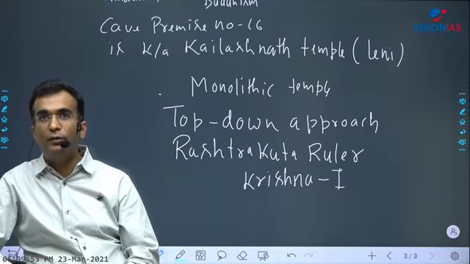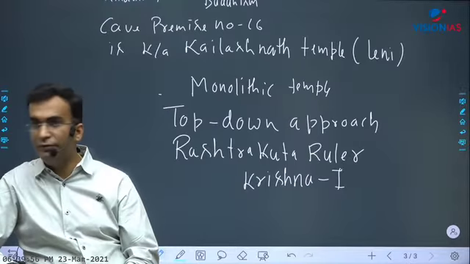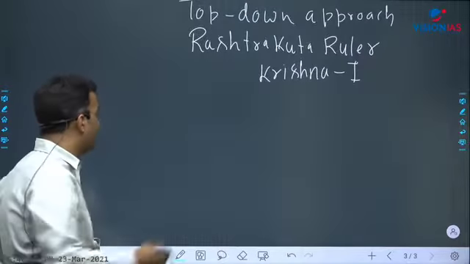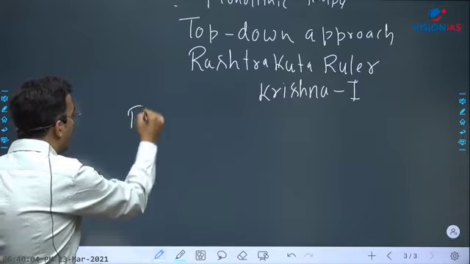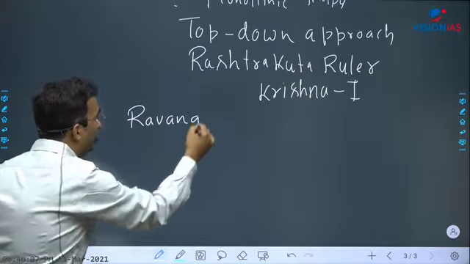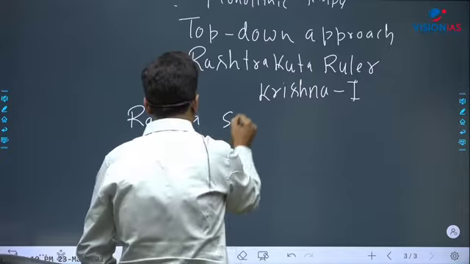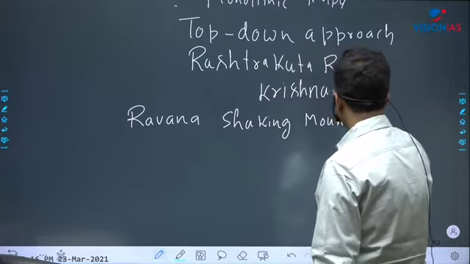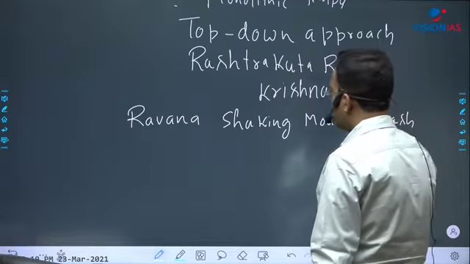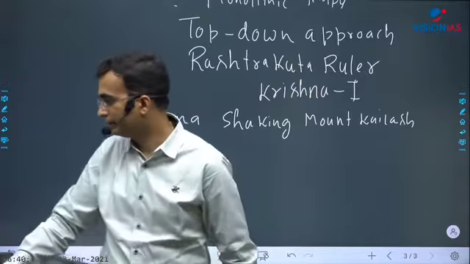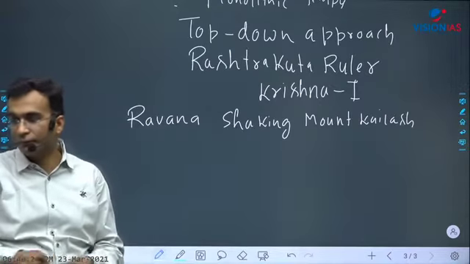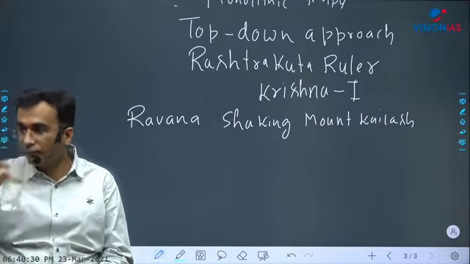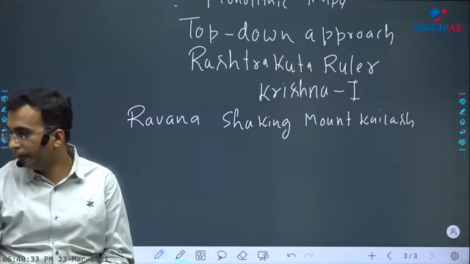Then you write, one of the famous sculptures is Ravana shaking Mount Kailas.